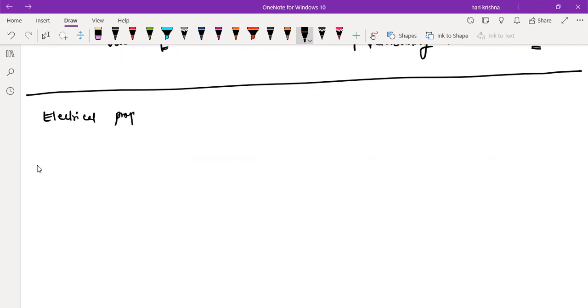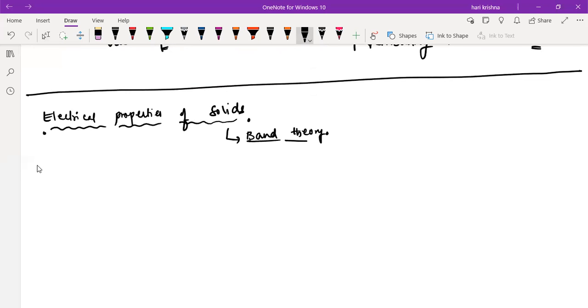The next topic is the electrical properties of solids, which is explained with the help of the band theory. So before going into this, when we study about the electrical properties, we have 3 different types of materials.